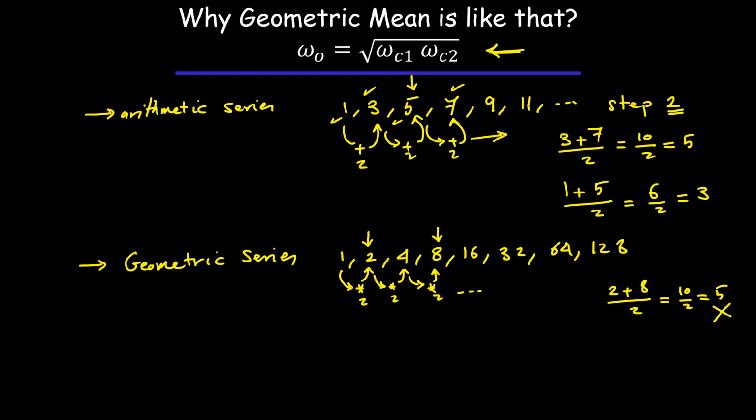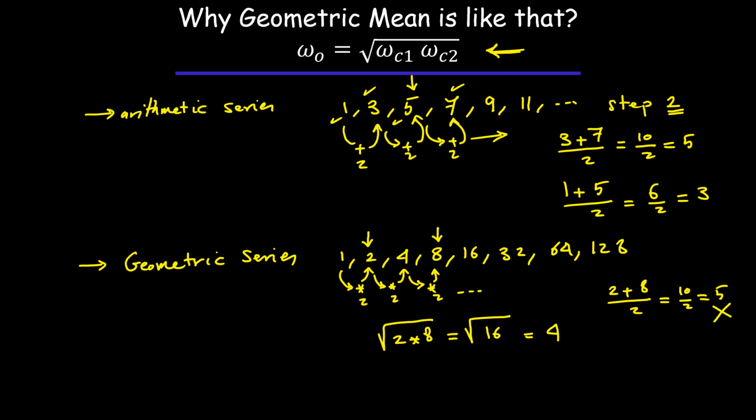But let's use the geometric mean. We're going to multiply the 2 by 8 and take the square root. So 2 times 8 is 16, and the square root of 16 is basically 4. Let's have another example.